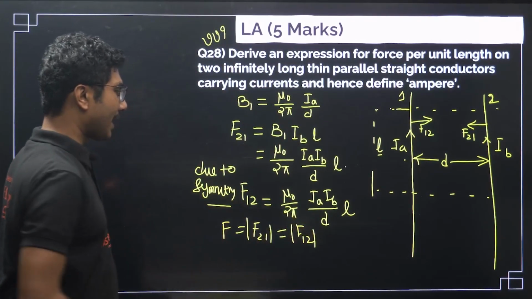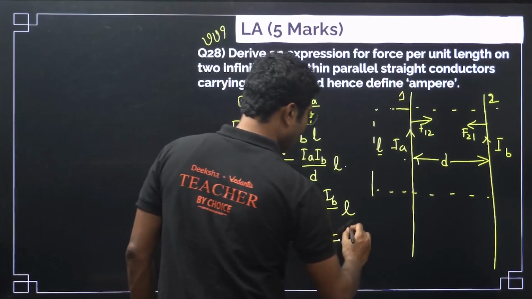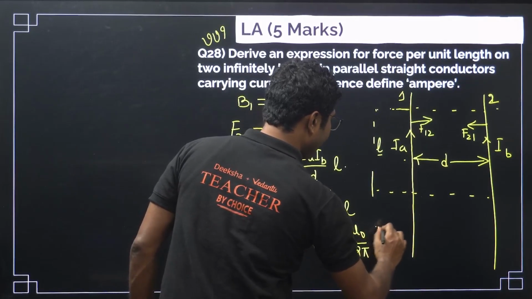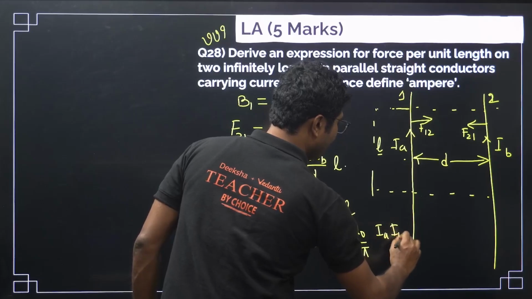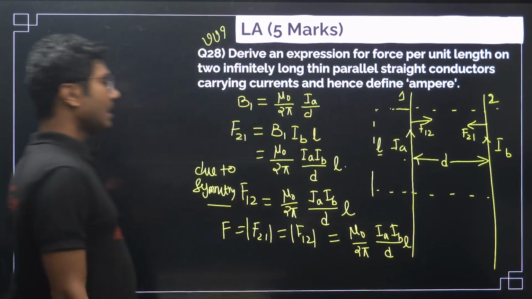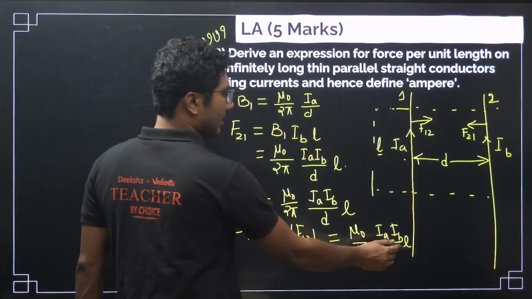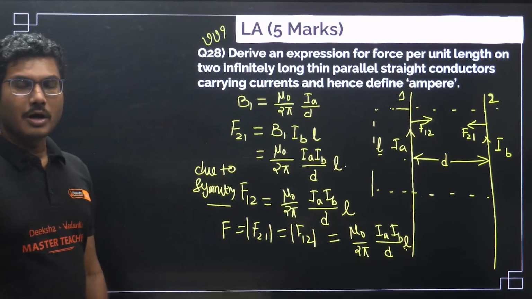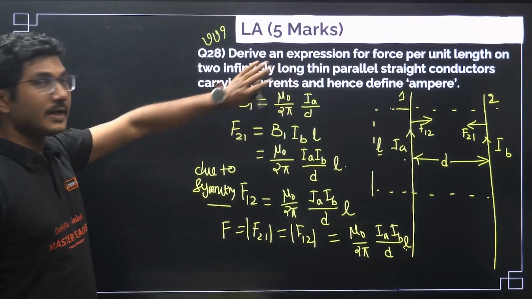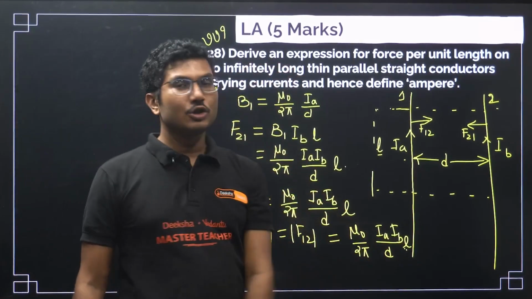That's why we are taking the magnitude, and that is given by mu naught by 2 pi IA IB by D into L. Now this small L was not given in the question. It is said to be infinitely long, so L should not be here.